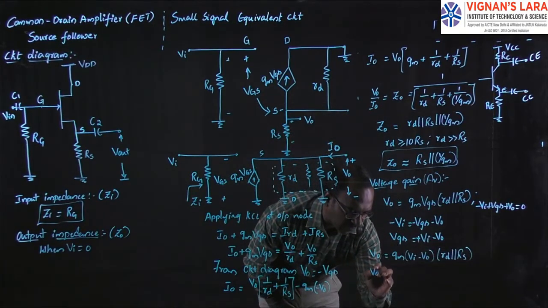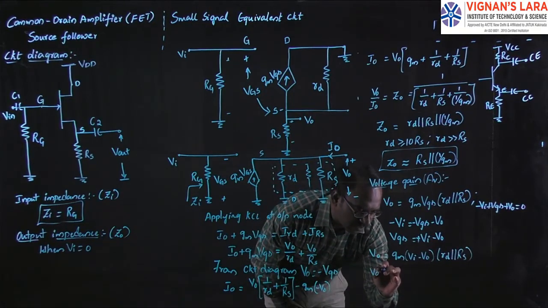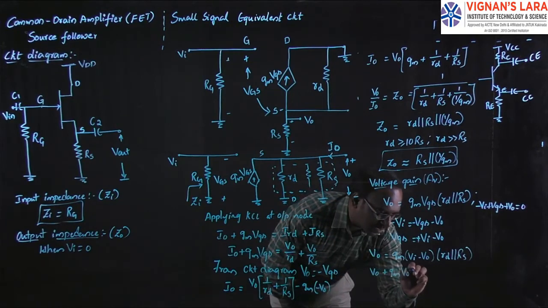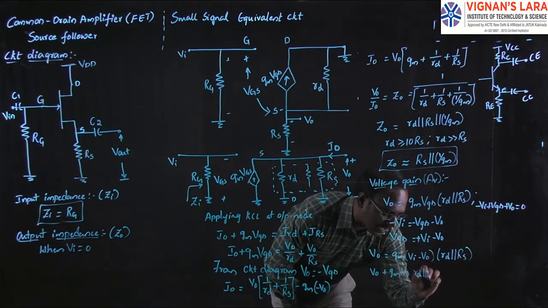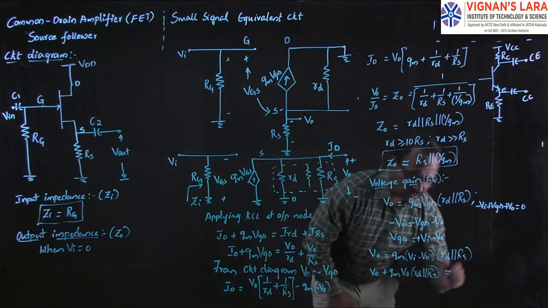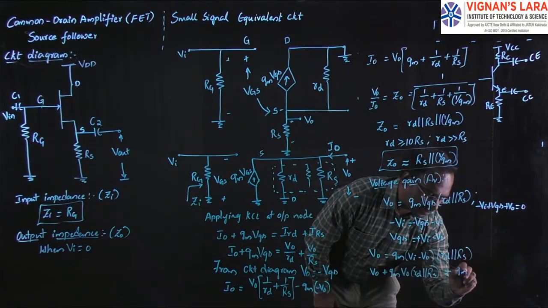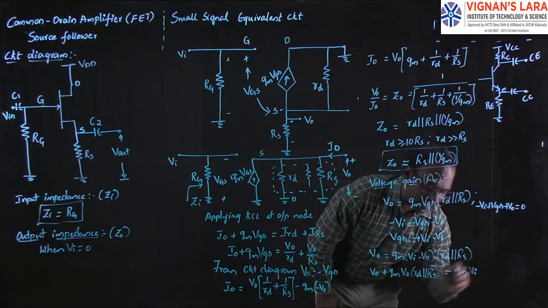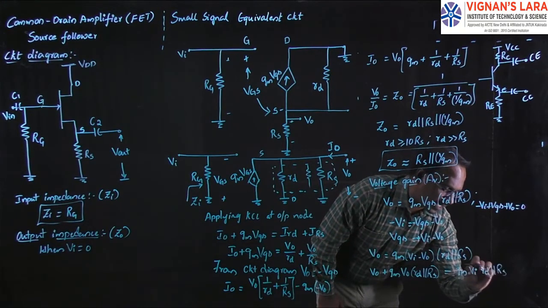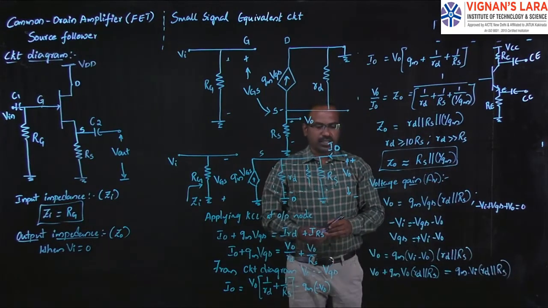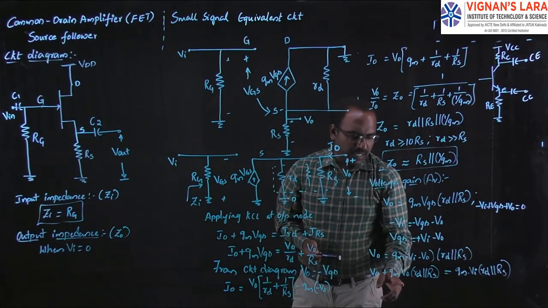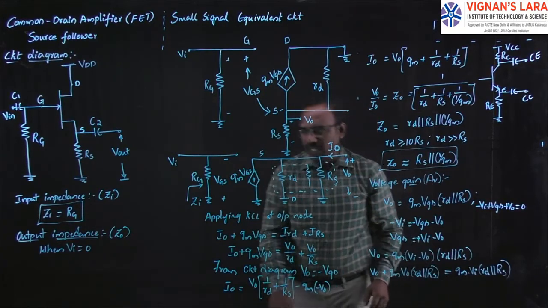I can write V naught plus gm into V naught into Rd parallel with Rs is equal to gm into Vi into Rd parallel with Rs. So now from this equation, take V naught as common and write the ratio of V naught by Vi.